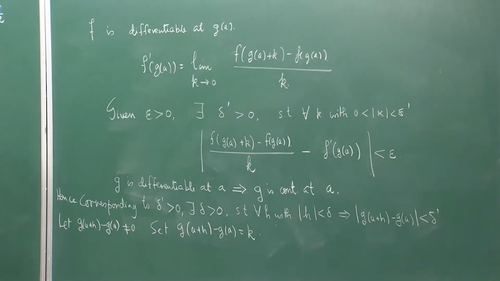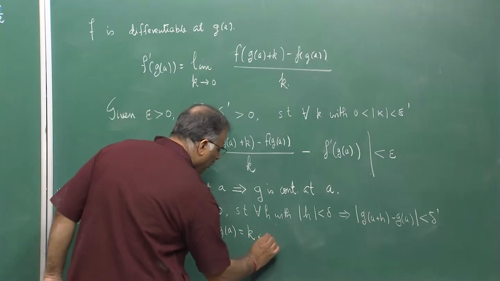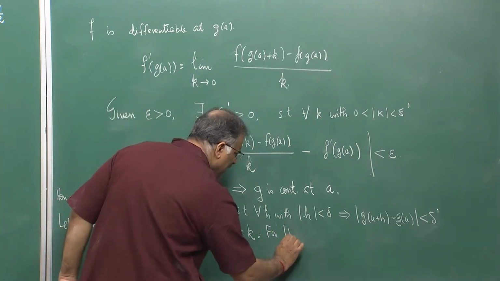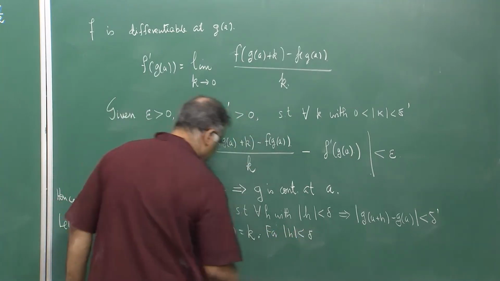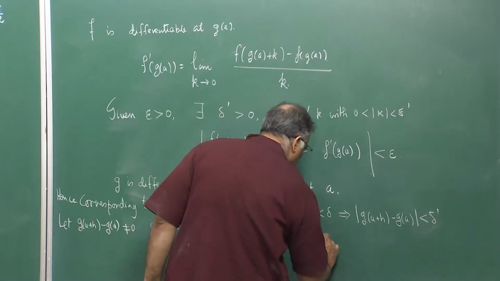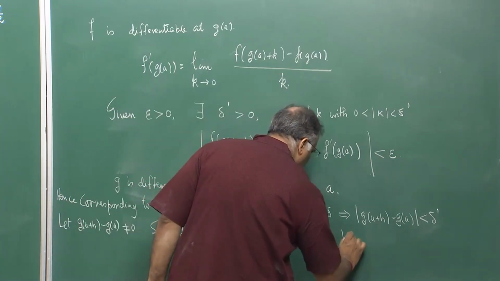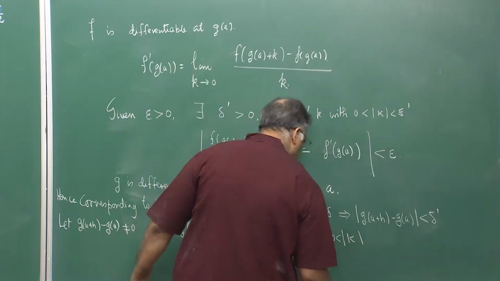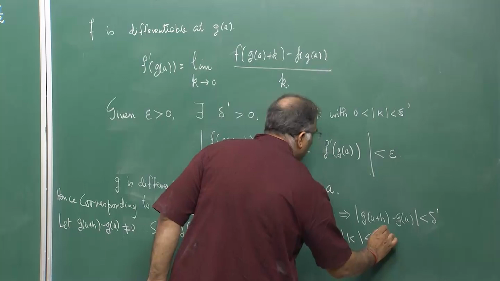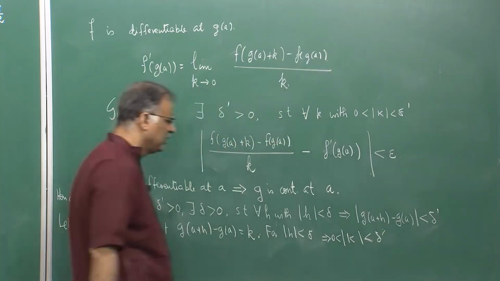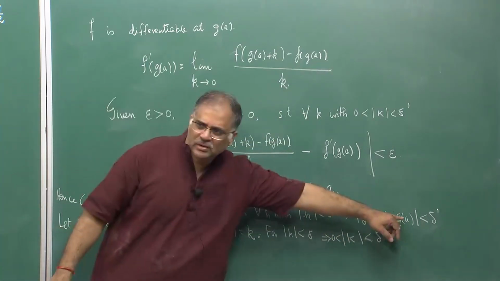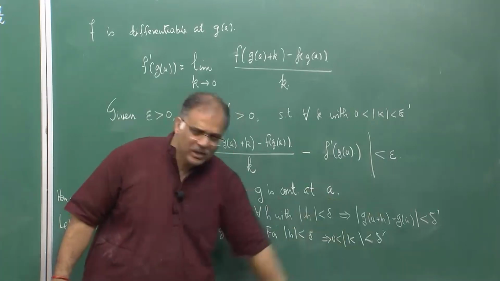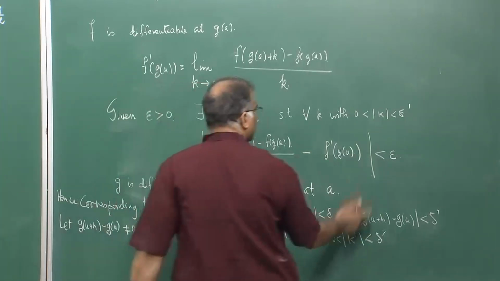Now for all |h| < delta, what happens? It implies that |k|, which is bigger than 0 now because this is not 0, is less than delta dash, because of this statement, because now I assume that g(a+h) - g(a) = k. So it satisfies it.